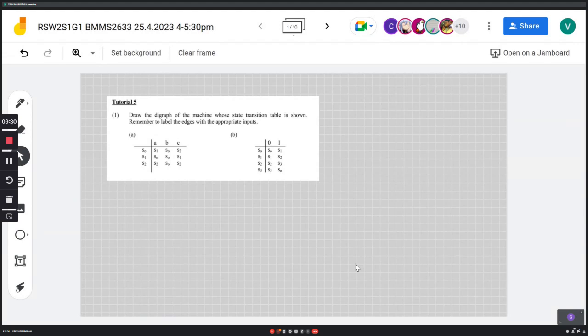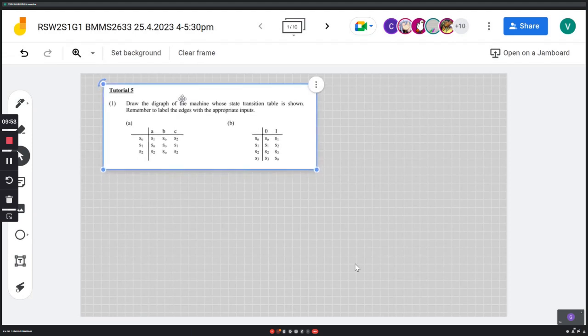The table shows you whether it will change to another state or remain as the same state. So we just follow this table and draw the diagram. This table we call a state transition table, and the diagram drawn from this table is a state transition diagram.